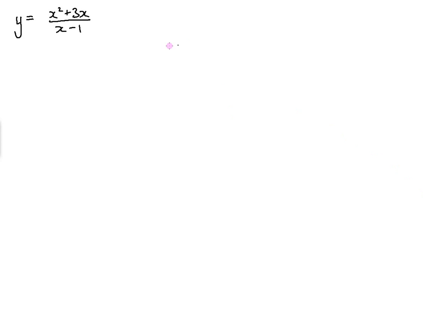Question 4 wants us to consider this curve. The first part wants us to state the coordinates of any points of intersection with the axes. So we look at part 1 first. For our y-intercept, we have to have x equal to 0. What does that give us?